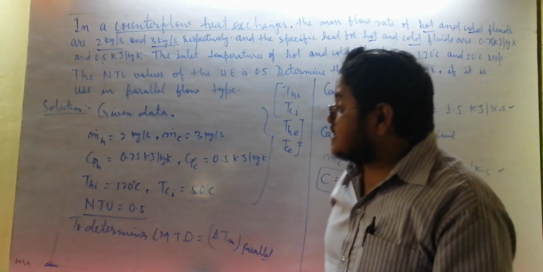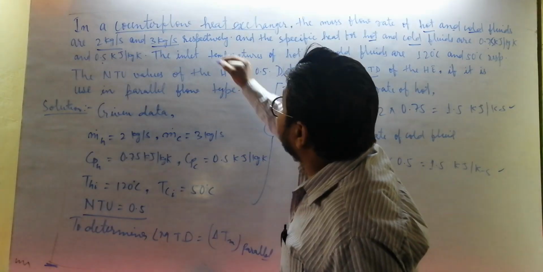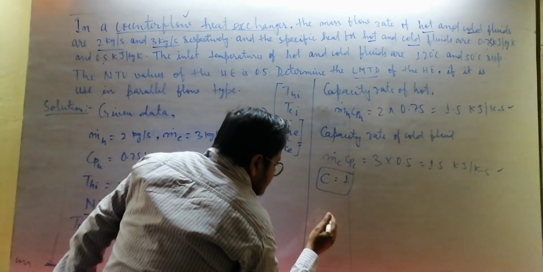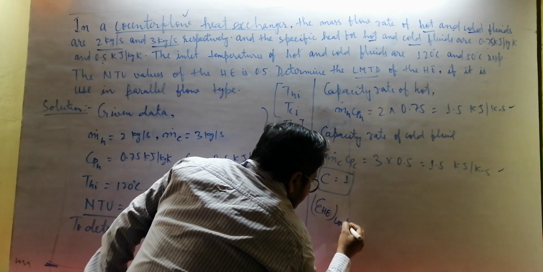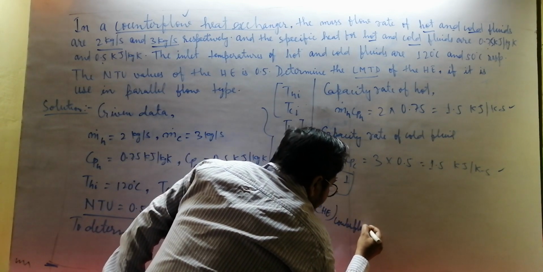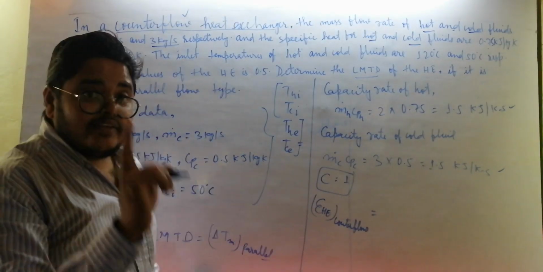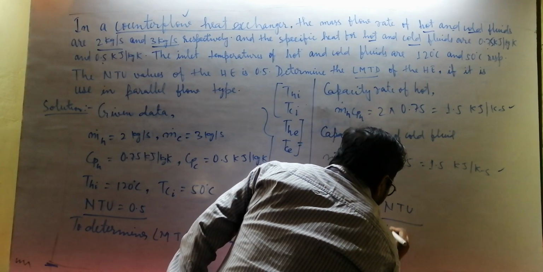In this special case, the formula for the effectiveness of the counterflow type is NTU divided by 1 plus NTU.